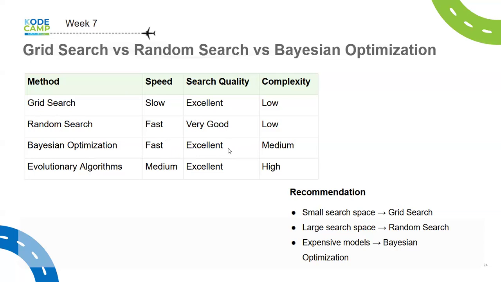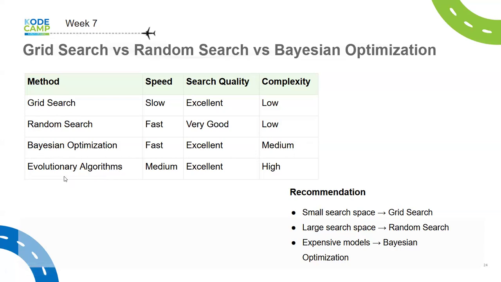After a few attempts, it already forms a model that it can use to predict, right? And the complexity is kind of medium in the sense that it's using another machine learning model. So think about that. You're using a machine learning model to figure out the hyperparameters for other machine learning models.